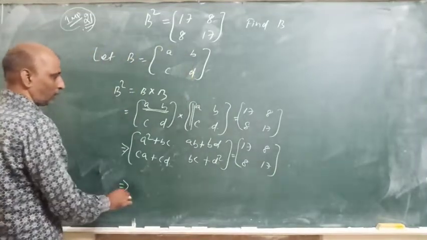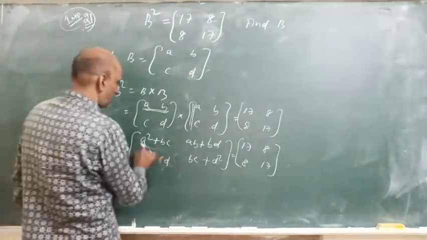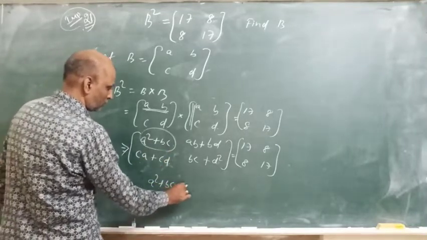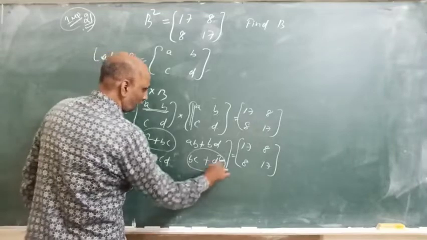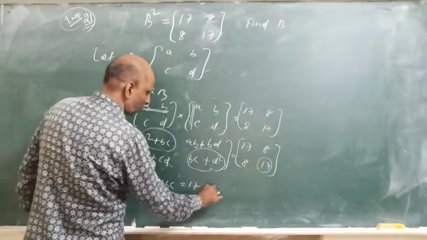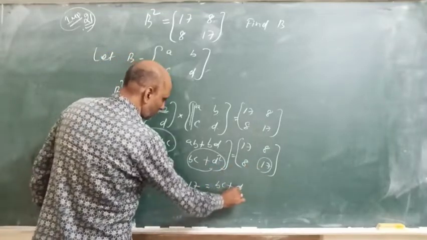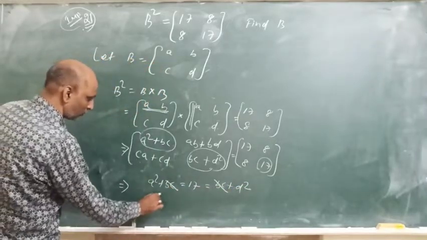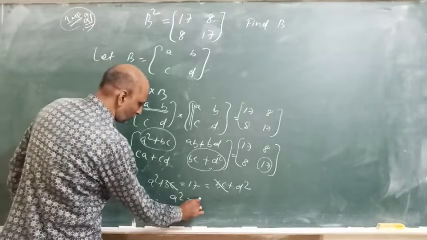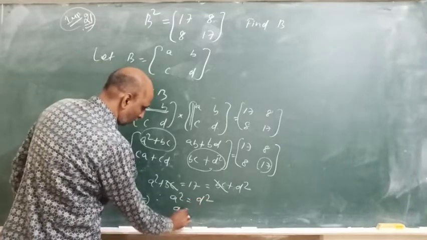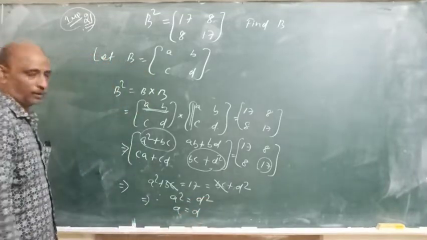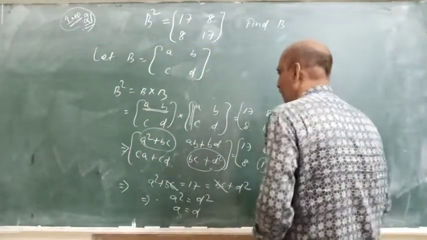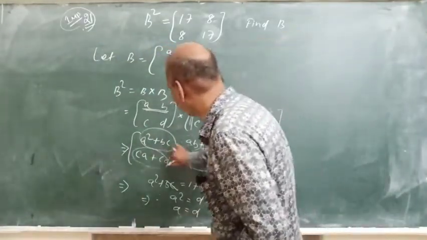Now since a square plus bc is equal to 17 and this one, bc plus d square, is also 17, cancel bc, therefore a square is equal to d square, a is equal to d.